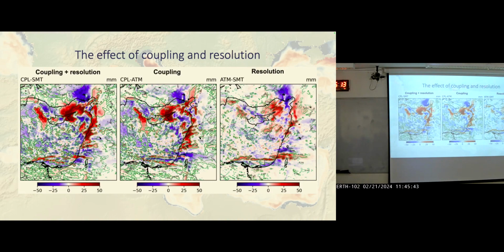What we see here is that the coupling was more important, but both coupling and resolution contribute to the performance of the CPL simulation in this case. It's also an ensemble simulation, so it's not just one simulation, it's an ensemble of those, and there is also a significance line. The regions that are really red or blue are also significant in these simulations.